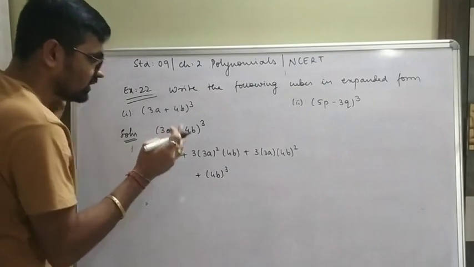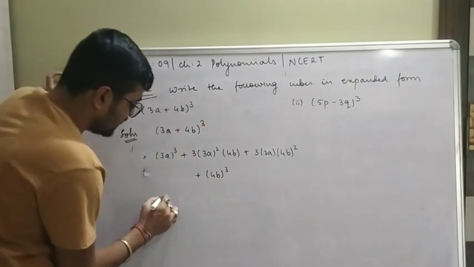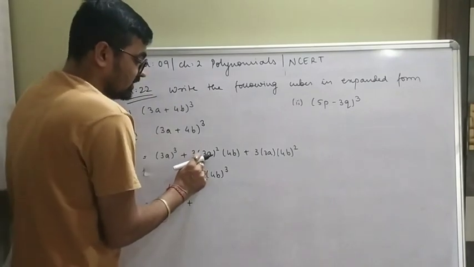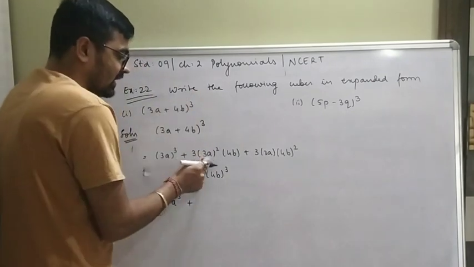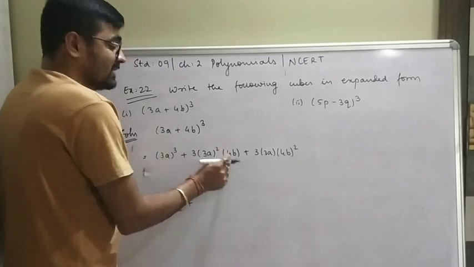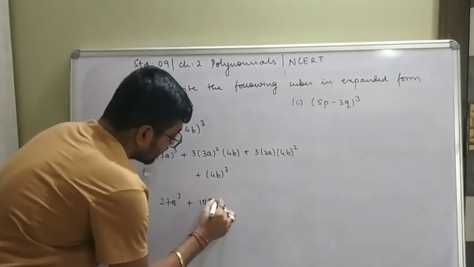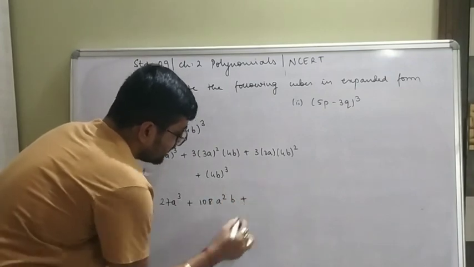So 3 cube. 3 into 3 is 9, 9 3s are 27a cube plus. Now here see 3 square. 3 square is 9, 9 3s are 27. 27 into 4 is 108 a square b.